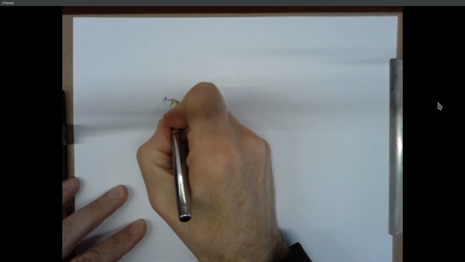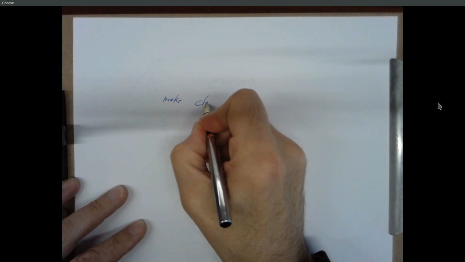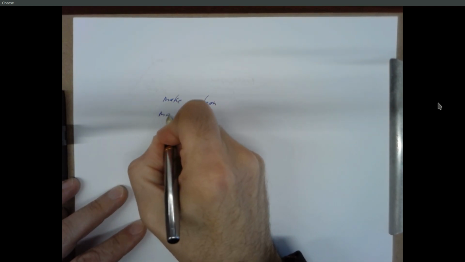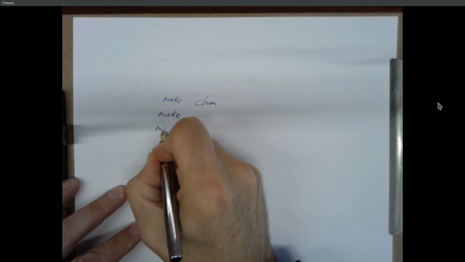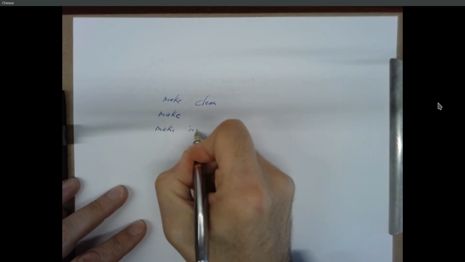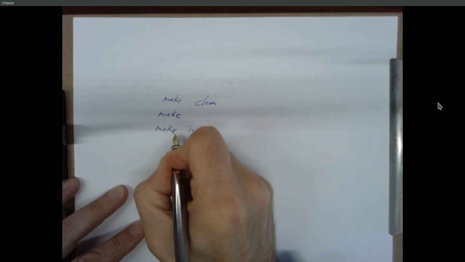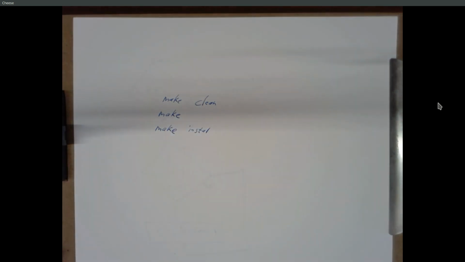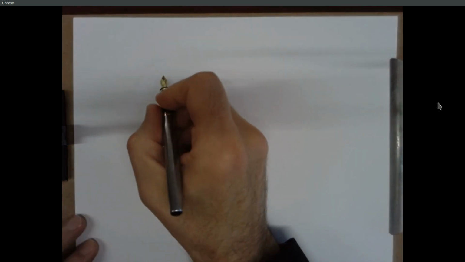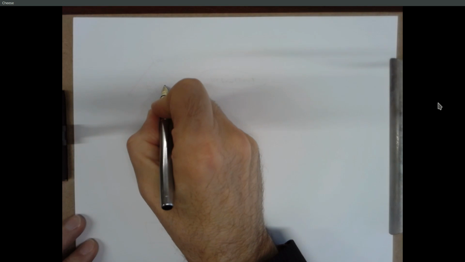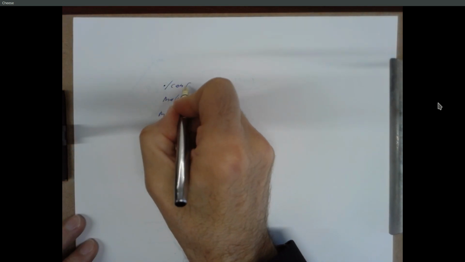So if you download from the web, there's usually a make clean, make, and make install. There's generally one more thing that happens if this is serious software. You have to run a command beforehand, which is ./config.